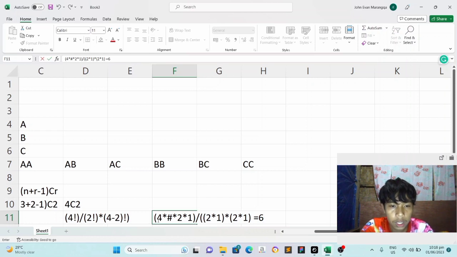Therefore, there are 6 possible combinations when selecting two objects from a set of 3 with repetition. This concept can be extended to situations with more objects or different values of r. For example, if we had 4 objects A, B, C, and D, and wanted to select 3 objects, allowing for repetition, we would calculate 6C3, so that would be equal to 20 possible combinations. Combinations with repetition is useful in various fields such as probability, statistics, and optimization problems.